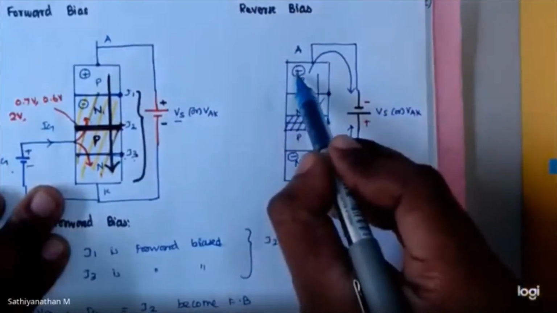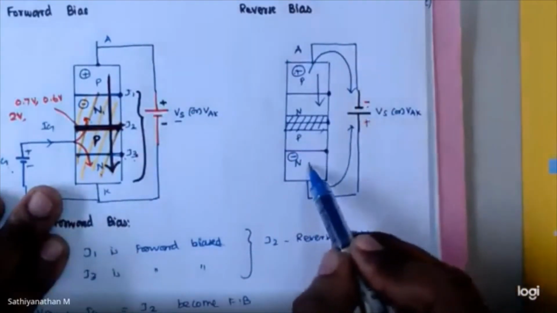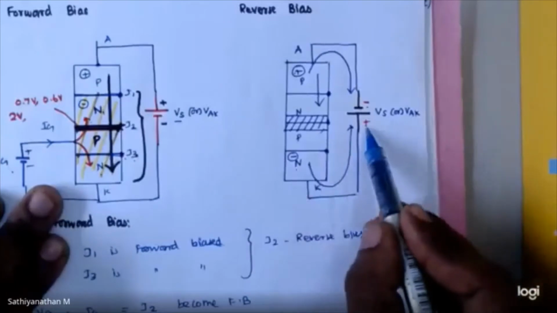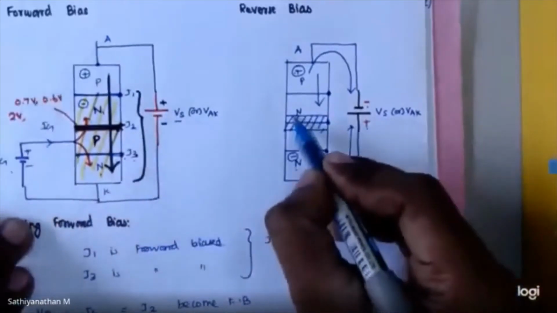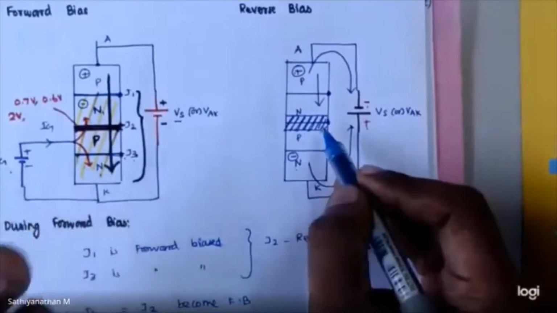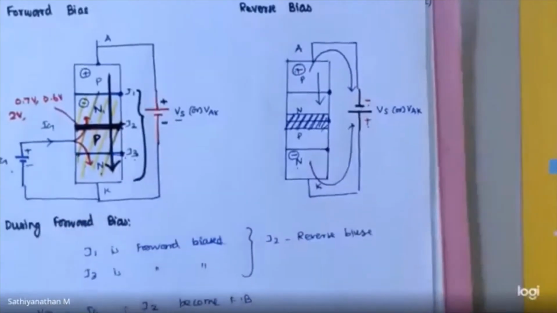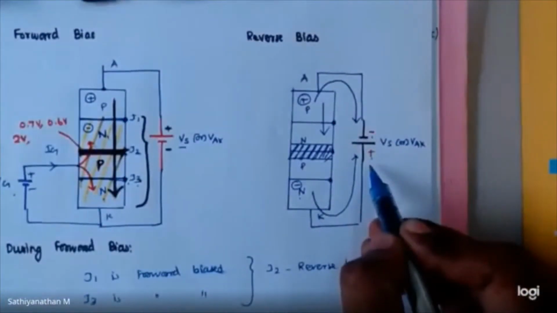So the excess holes are attracted towards the negative terminal, and similarly electrons are attracted towards the positive terminal. So it increases the depletion layer width, and finally the device stops conducting. This is one way of commutating the device, that is turning off the device.